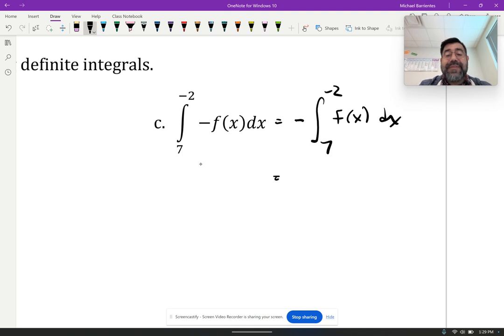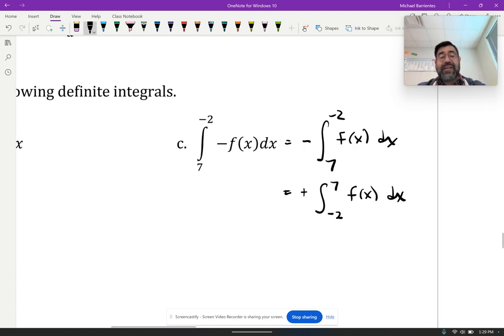So that means I'm going to have to take the negative of whatever's there because I'm going to reverse them to put them in a quote-unquote normal position to go from left to right. But when I do that, I have to take the negative of whatever was there, which means it's going to become positive. So the negative I got by pulling that negative out of the integrand became positive because I switched the limits of integration.